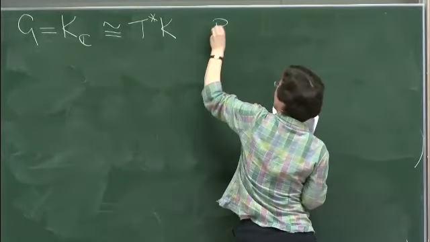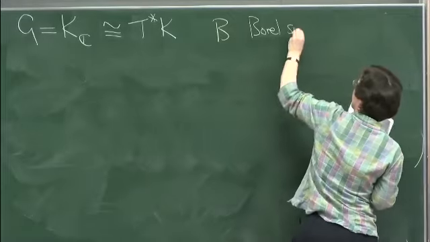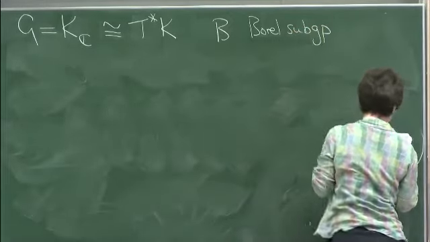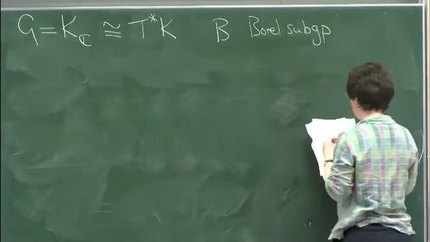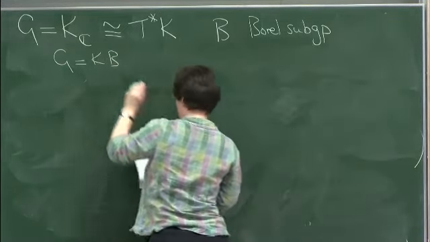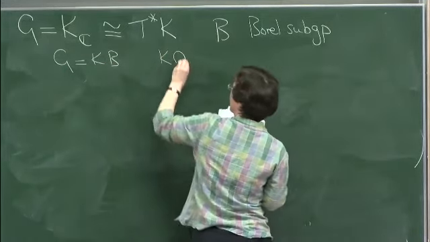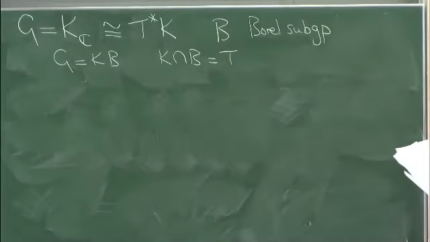And if we take B to be the Borel subgroup corresponding to our choice of positive Weyl chamber, so that we've got G is K times B and K intersect B is our compact torus.